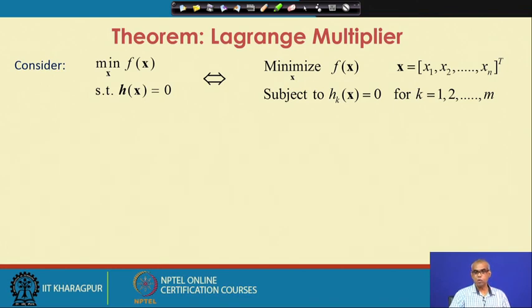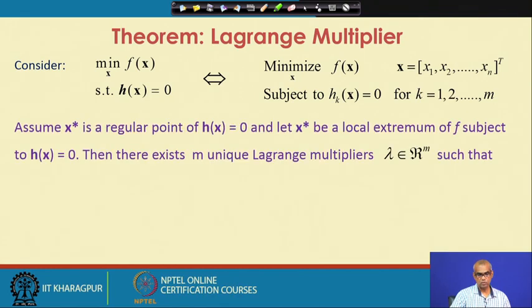So, we have talked about Lagrange multiplier methods for equality constrained optimization problems in the previous lecture. So, let us now formally put the theorem for Lagrange multiplier methods. Let us consider the minimization of f x subject to h x equal to 0. Assume x star is a regular point of h x equal to 0 and let x star be a local extremum of the objective function f subject to h x equal to 0.